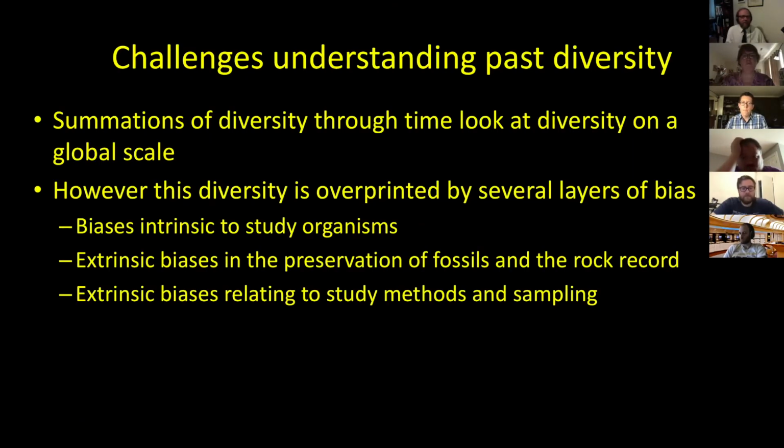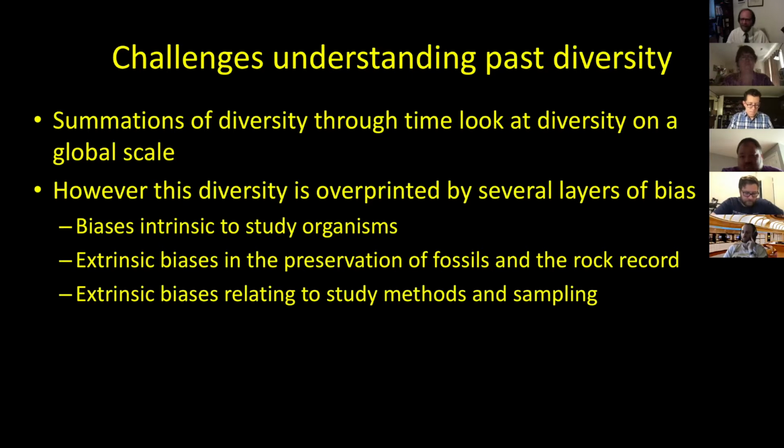Now, if you think about this, all we're seeing is a measure of biodiversity through time on a histogram. But that biodiversity pattern that we see is actually overprinted by lots of biases.